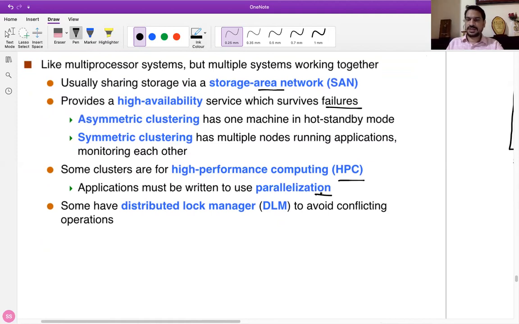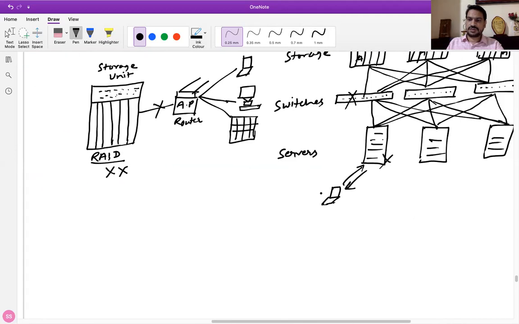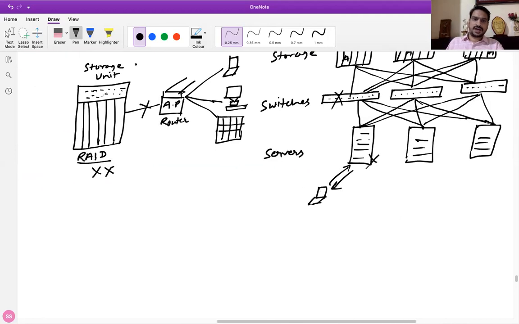Parallelism should be there. Let me show you what I mean by this parallelism. To connect with this particular network, there should be some sort of network device.